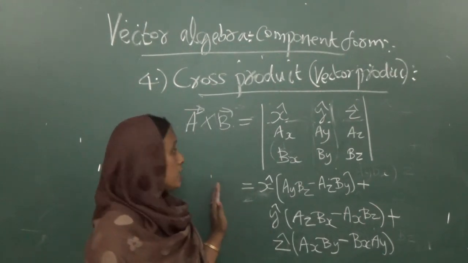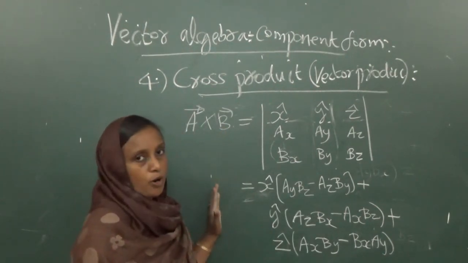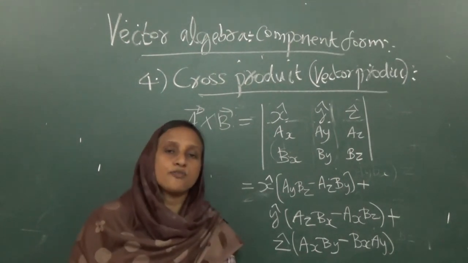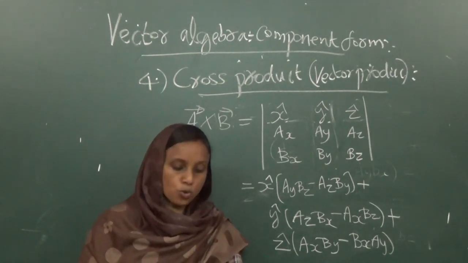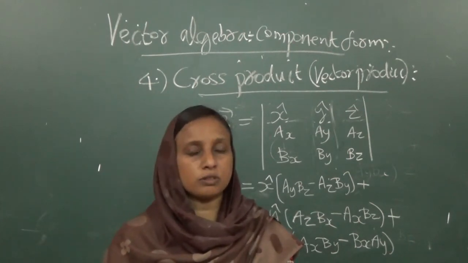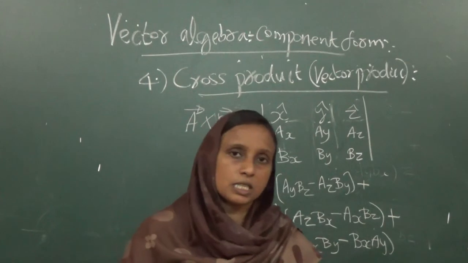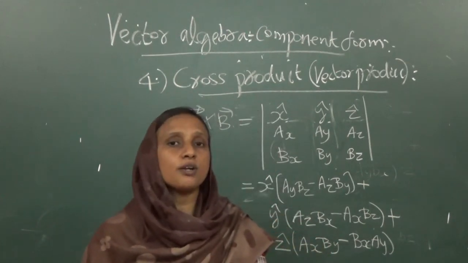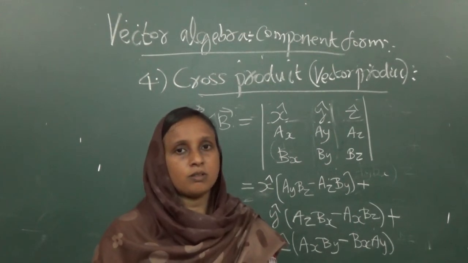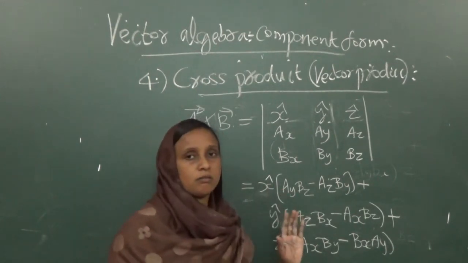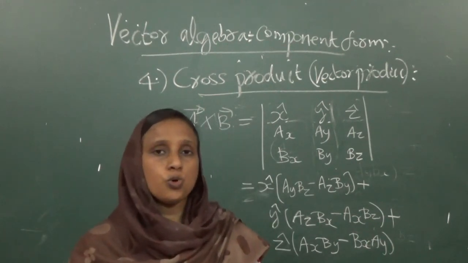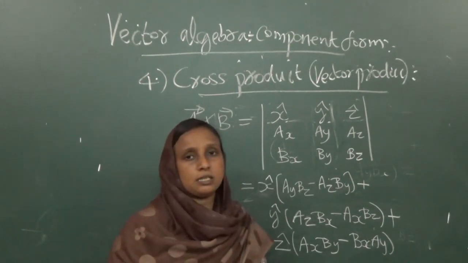Okay, this is the vector product in its determinant form and in its component form. So we can find out the vector product of two vectors using the determinant form. These are the main operations we can do with vectors.